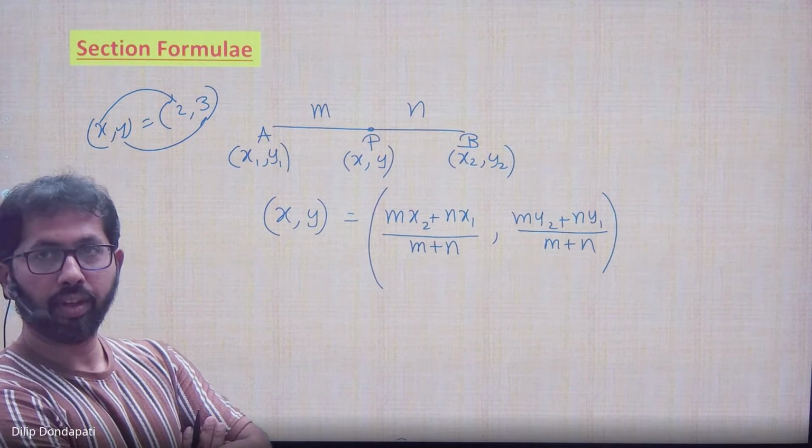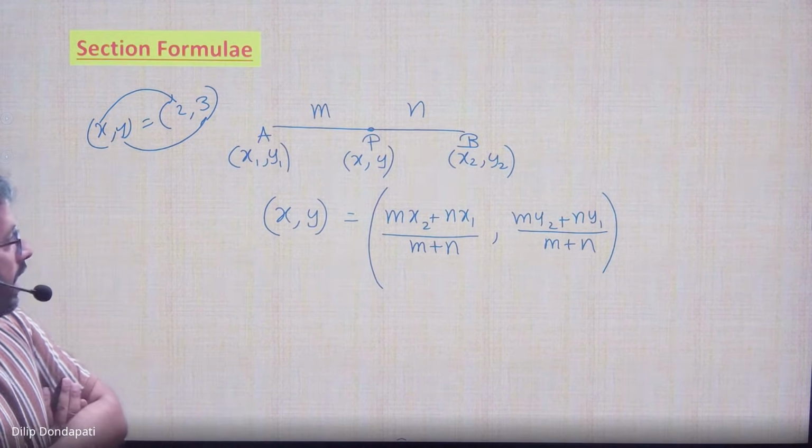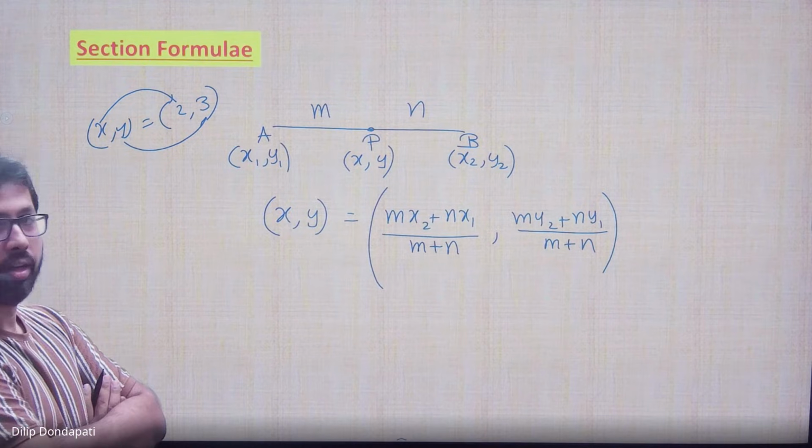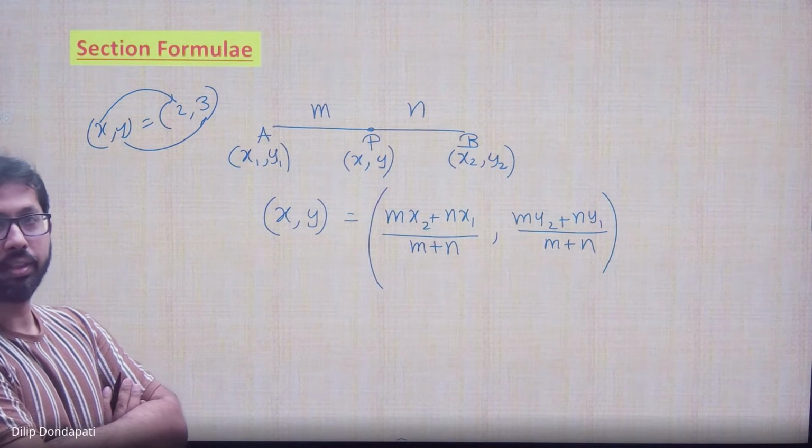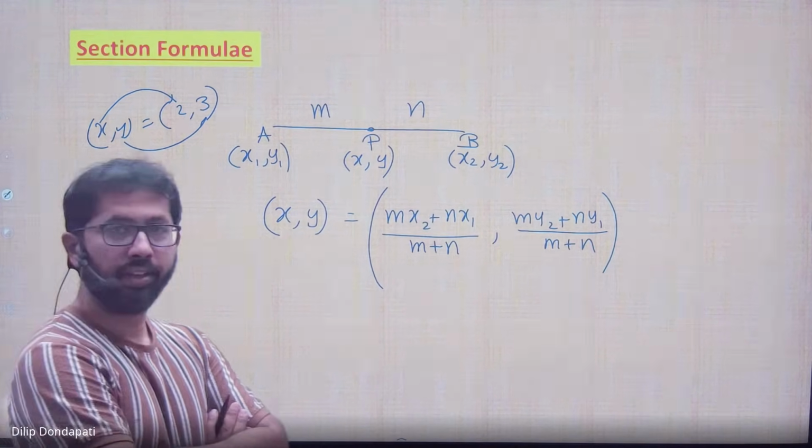Say it once again: m x2 plus n x1 by m plus n, comma m y2 plus n y1 by m plus n.